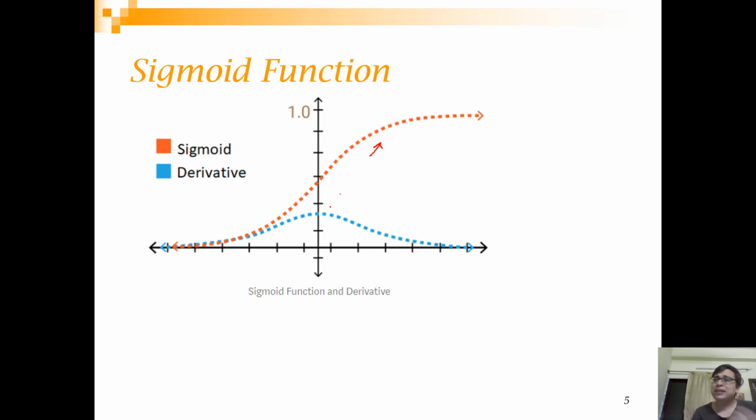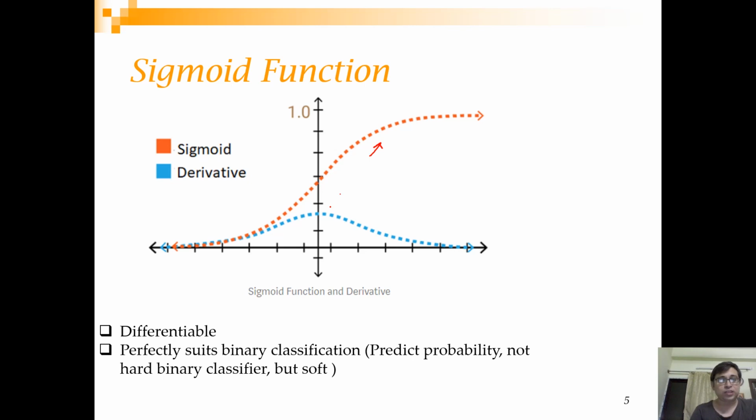So what are the characteristics of this activation function? It is differentiable. It perfectly suits binary classification. If you look at this curve, it looks just like logistic regression. And it is not a hard binary classifier like the step function. It is a soft classifier because it can predict probability.